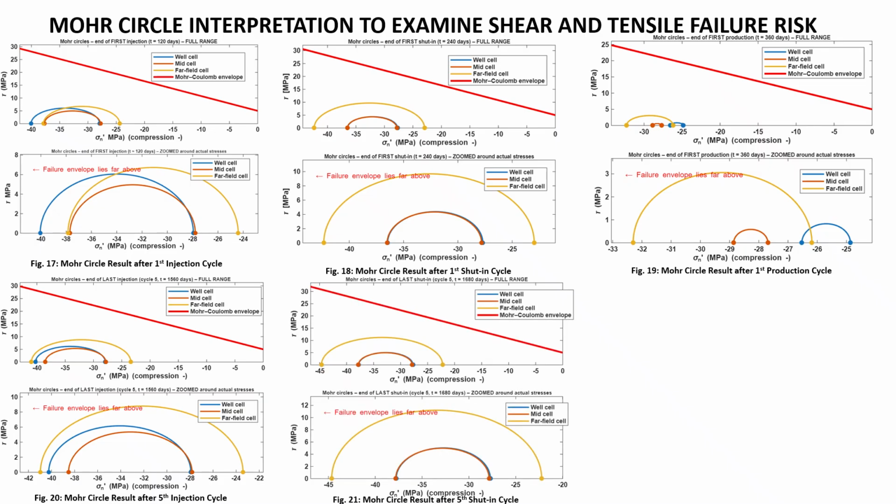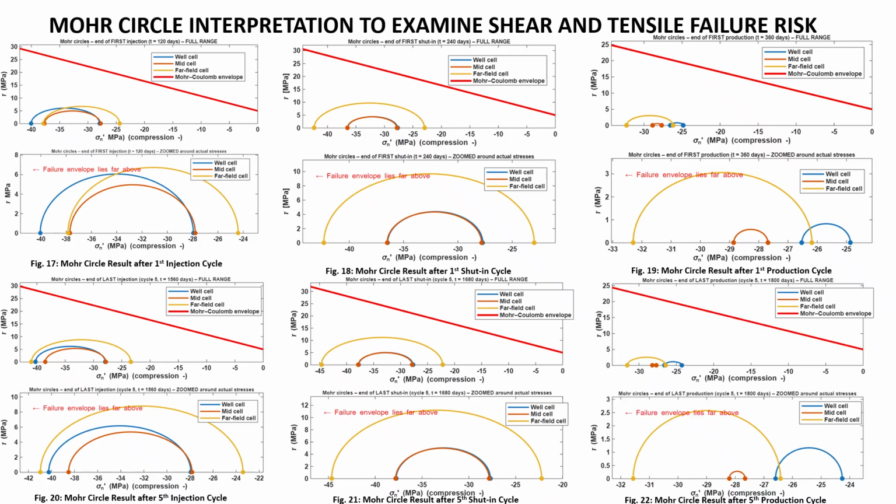For the shut-in and production, the shut-in in cycle 5 shows a mild leftward shift as pressure redistributes, and production shows the strongest compression of the entire cycle. The zoom panel shows that by the end of cycle 5, stresses among the mid and far field cells have become homogenized due to repeated cycling.